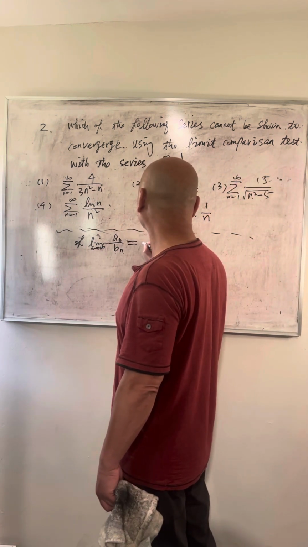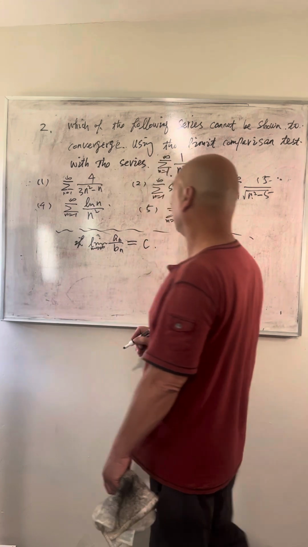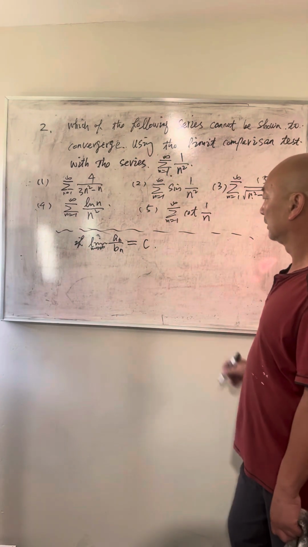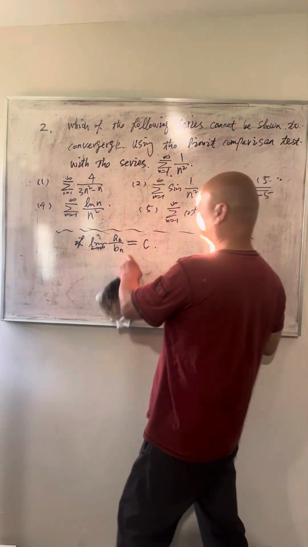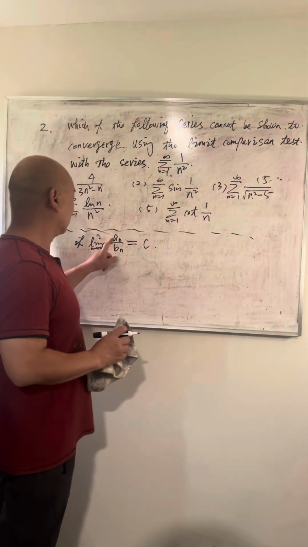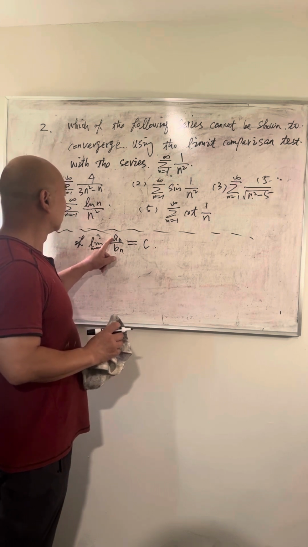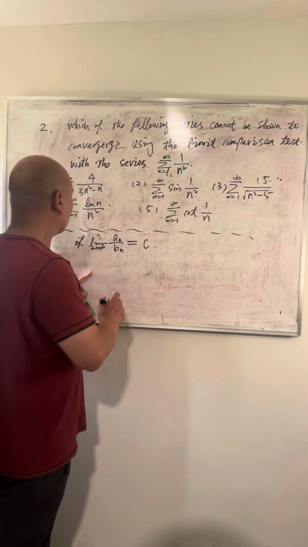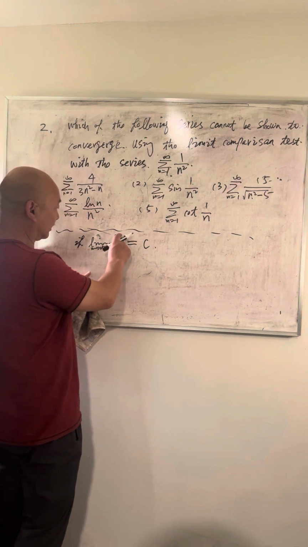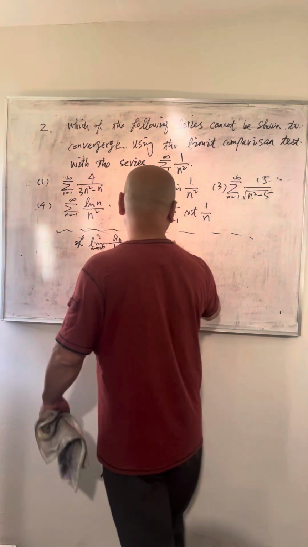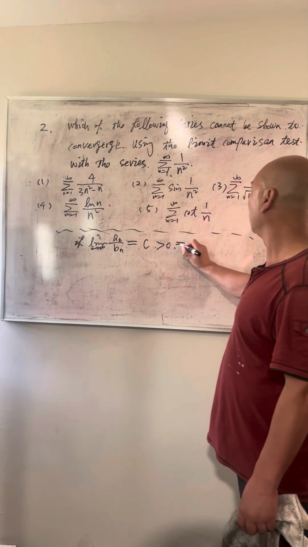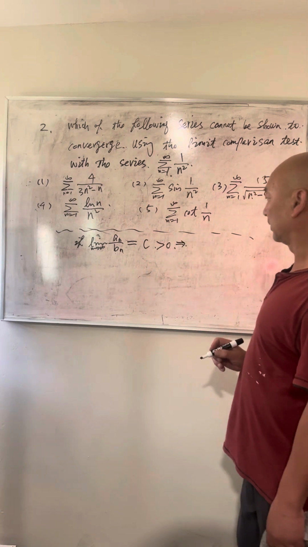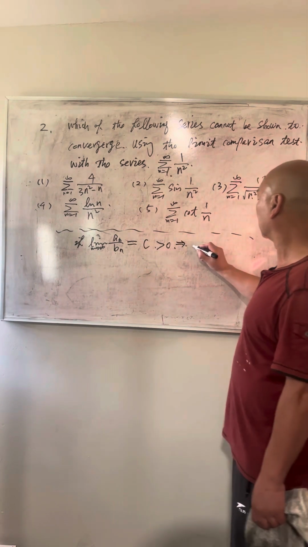If this limit is C, the ratio of the two series, the comparison of the two series A_n and B_n. If C is positive, then we can make a conclusion.